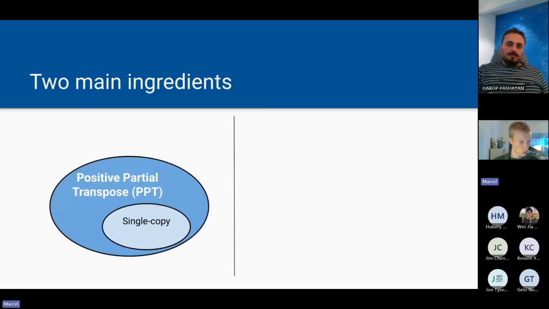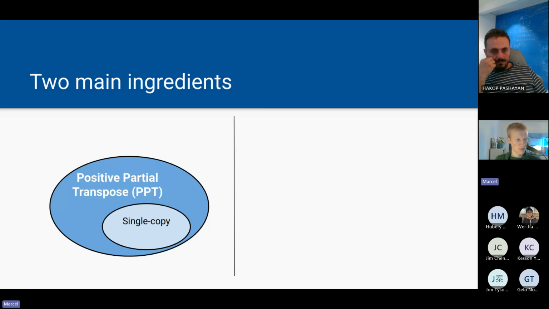And then there are two ingredients that go into it. The first one is the realization that single copy algorithms are generalized by positive partial transpose algorithms. What I mean by this is that, in the same way that you can generalize separable strategies and LOCC strategies and then PPT strategies in other contexts, the same can be done here.